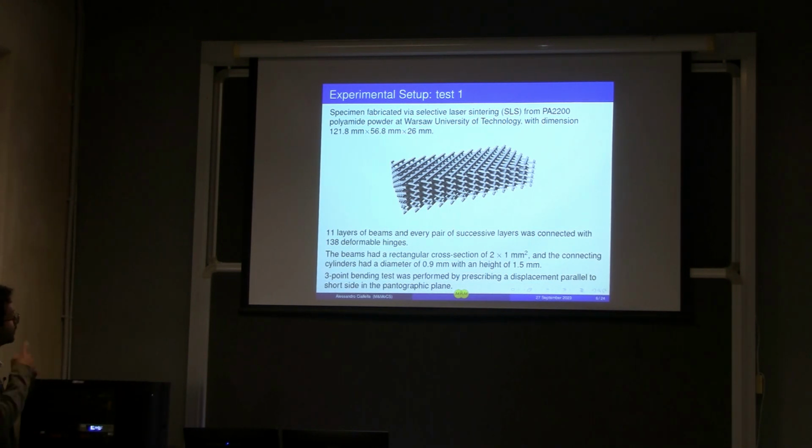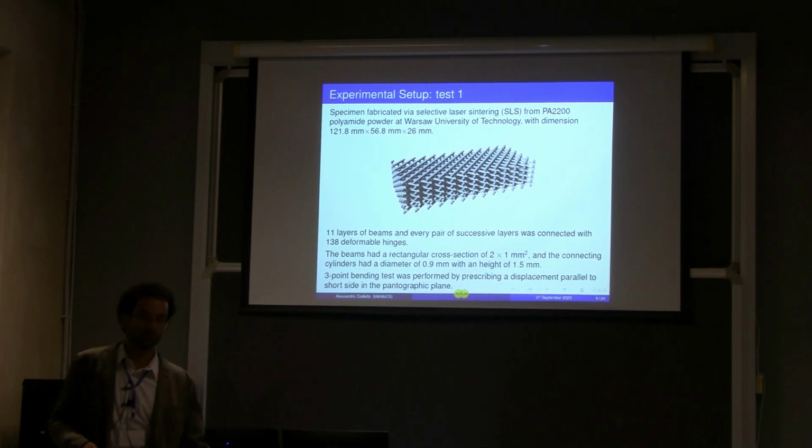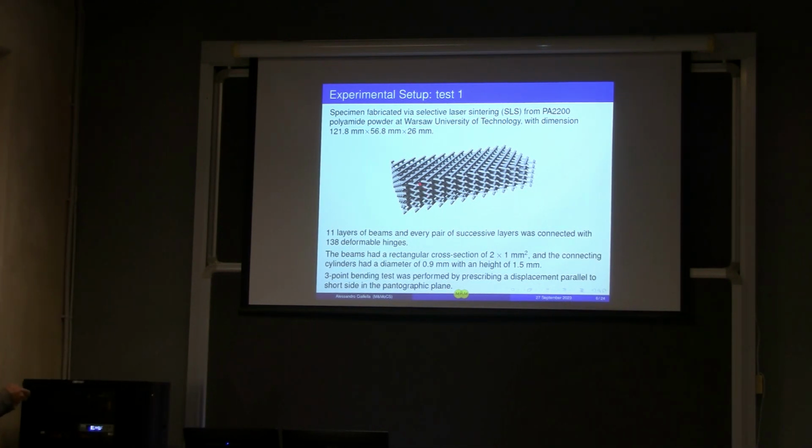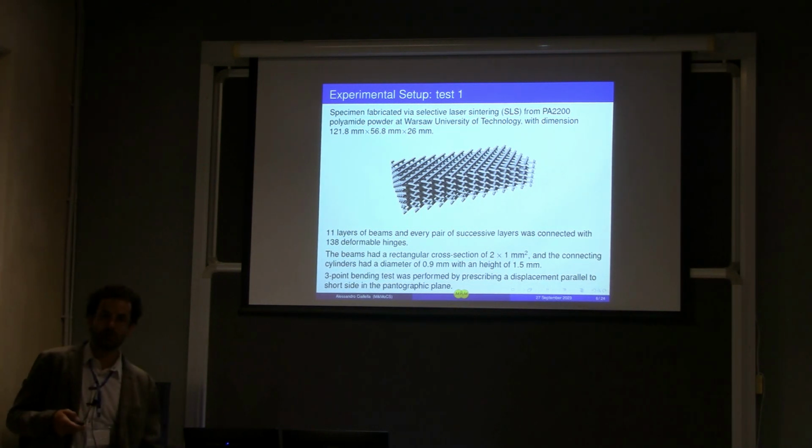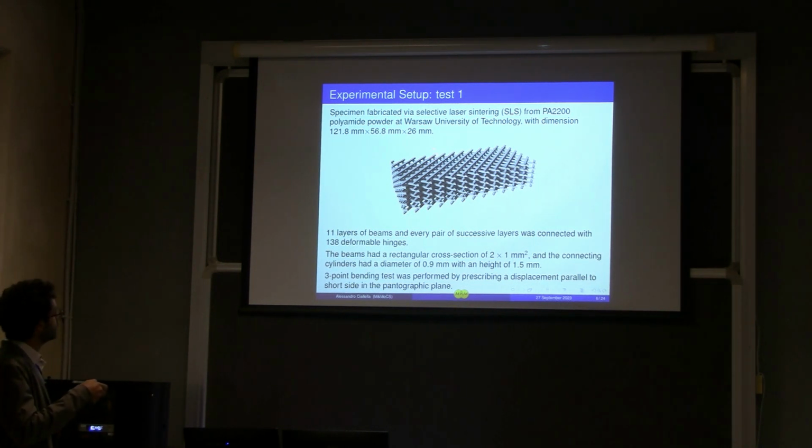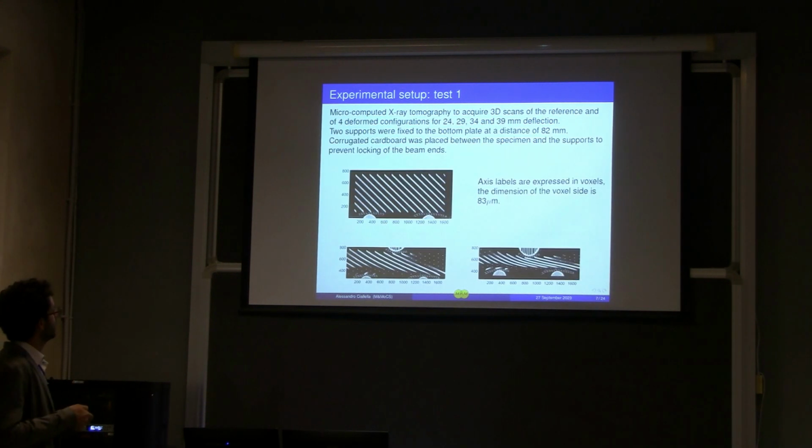The specimen was printed via SLS technique at Warsaw University of Technology, and you can see 11 layers of beams, and the connection is with deformable elastic cylinders. And we will consider a 3-point bending test where the displacement is imposed parallel to the short side of the pantographic plane. So it's clear from these sections.